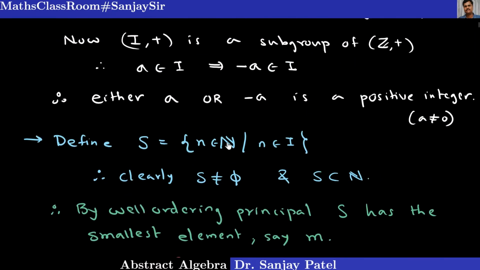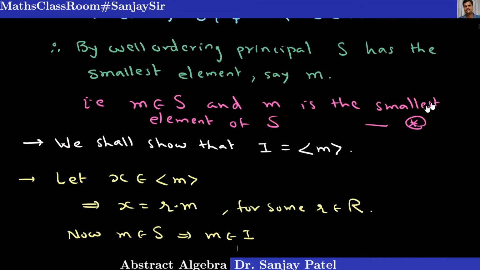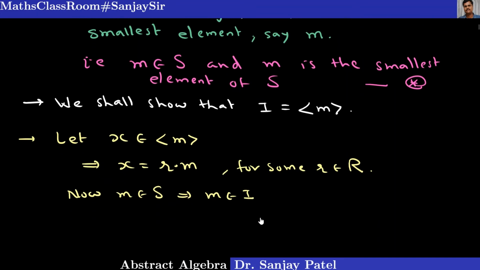It is the set of all positive integers which belong to the set I. So when we have written that M belongs to S here, M belongs to I also.